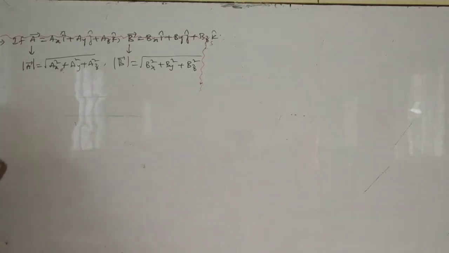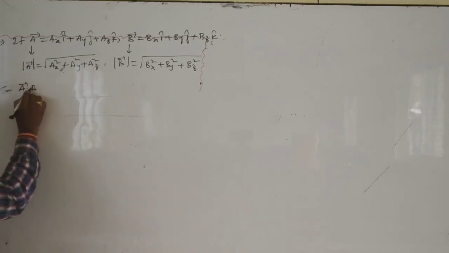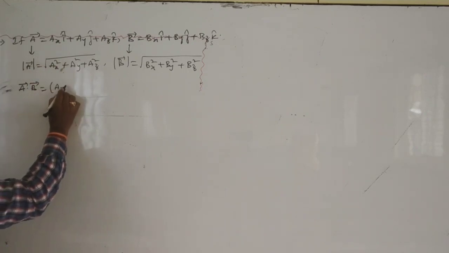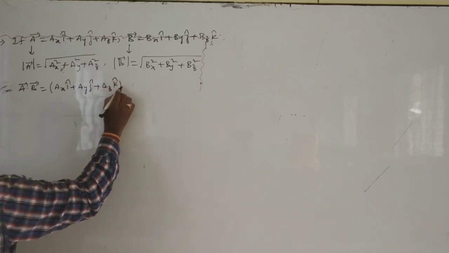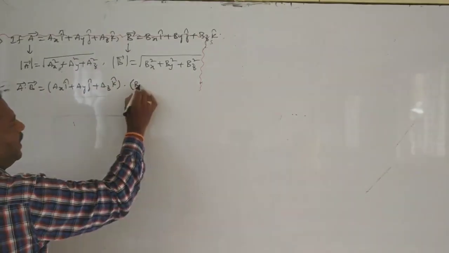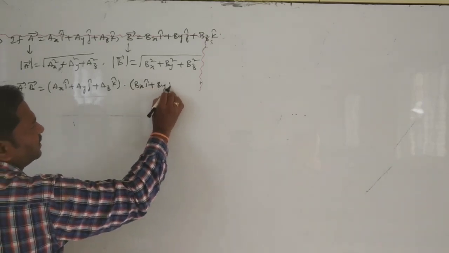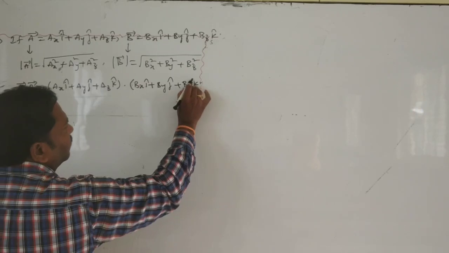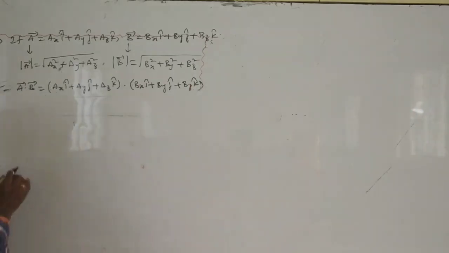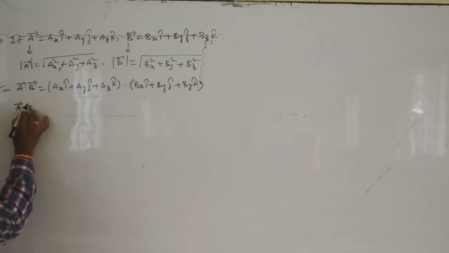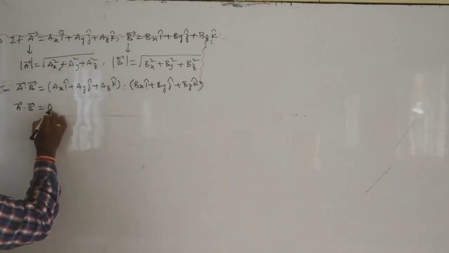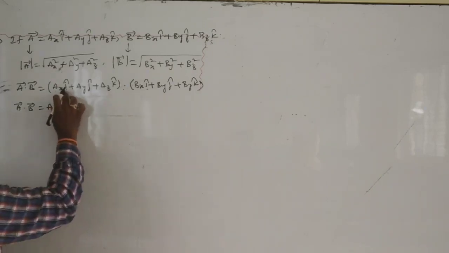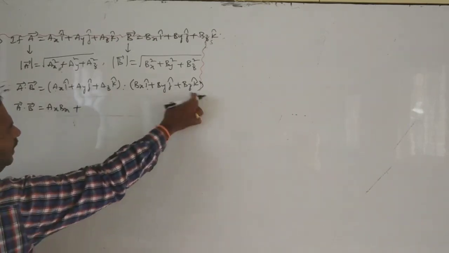Now we are finding A bar dot B bar. A bar is Ax i cap plus Ay j cap plus Az k cap, dot Bx i cap plus By j cap plus Bz k cap. So now what does it give for the dot product? A bar dot B bar is equal to i cap dot i cap 1, Ax Bx; i dot j 0, i dot k 0.